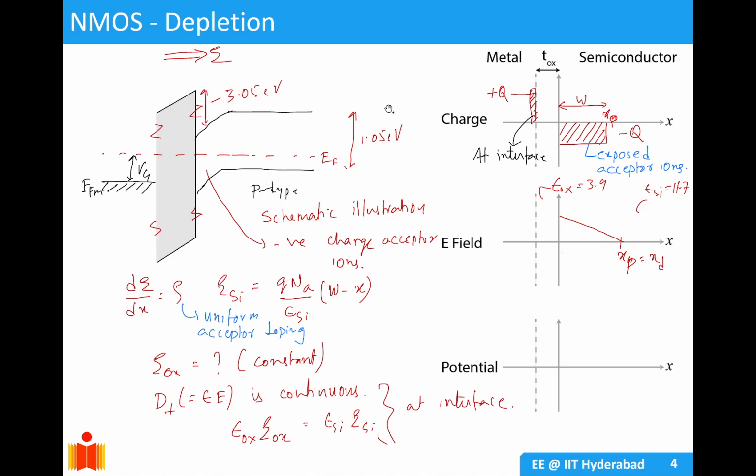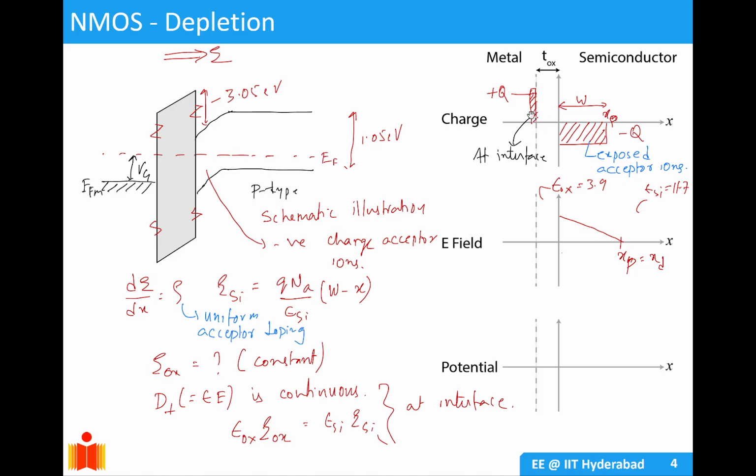While in the semiconductor you have a depletion region, a large space charge region with a width of W, and since there's a depletion of holes, it's negatively charged.